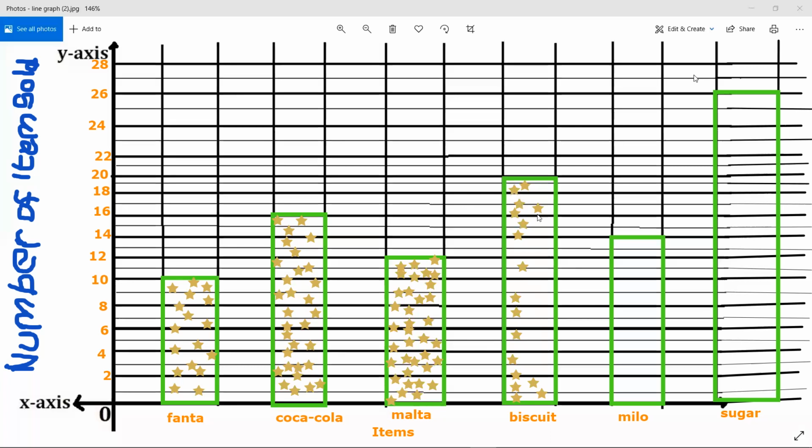So I'm only designing the bar so that it can be readable, because per the graph board that I'm using, if I had not designed the bar wall, you'll not be able to see what I've drawn here. The Milo is 14. So in your work, don't go and do this, okay?